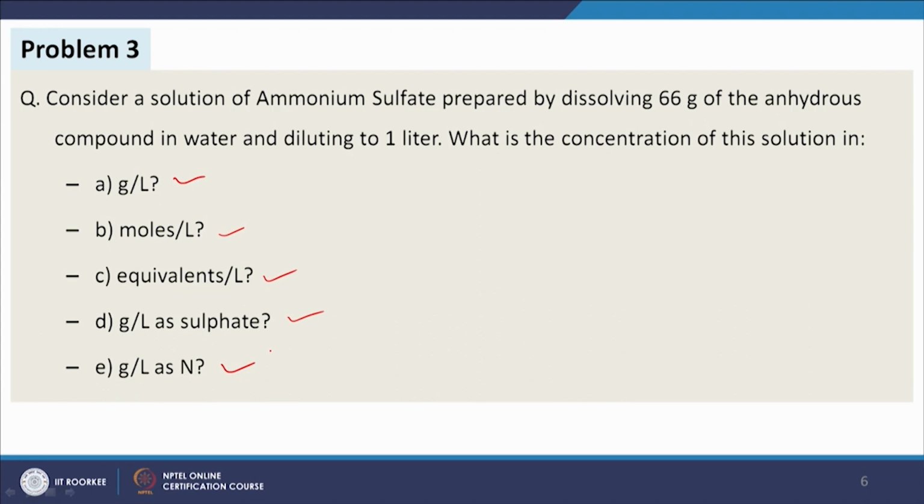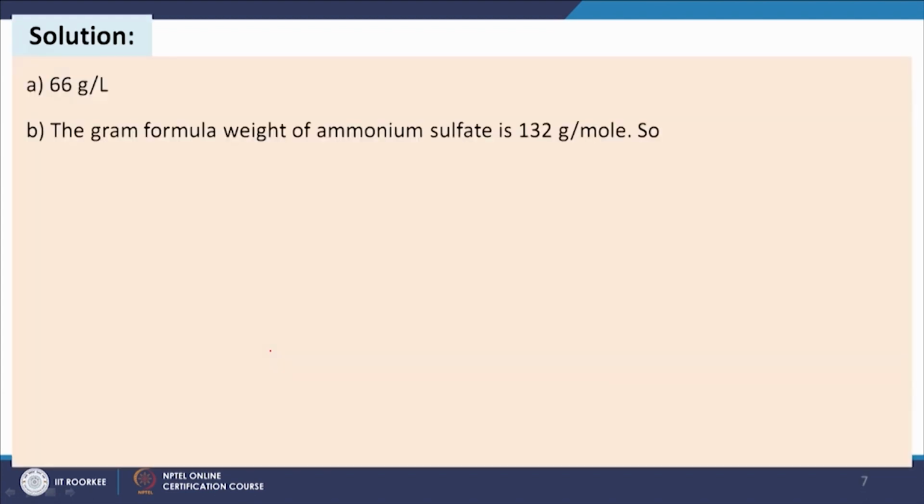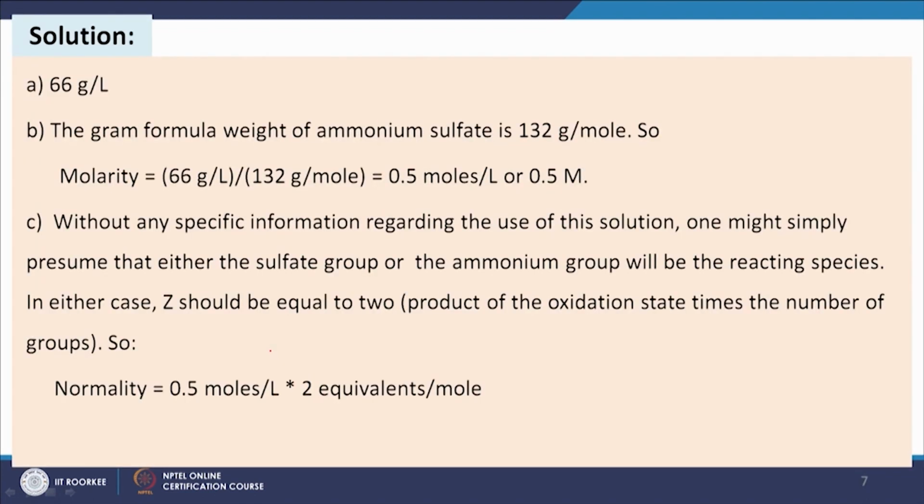Now, let us see. We have 66 gram per liter ammonium sulphate. The gram formula weight of ammonium sulphate, (NH4)2SO4, is 132 gram per mole, if we take the atomic weight of each atom and sum it up.